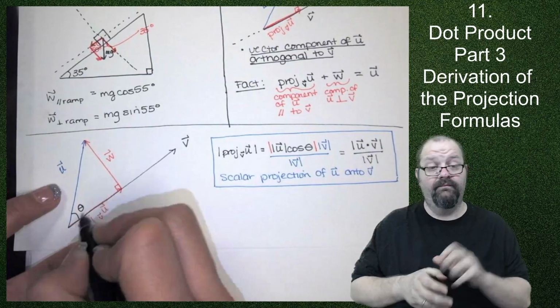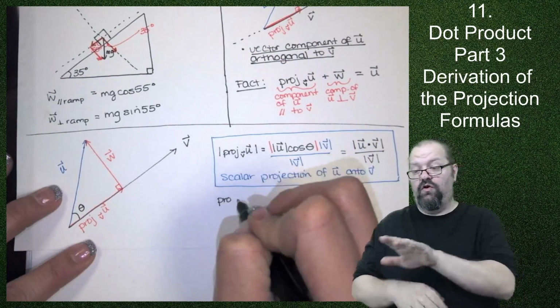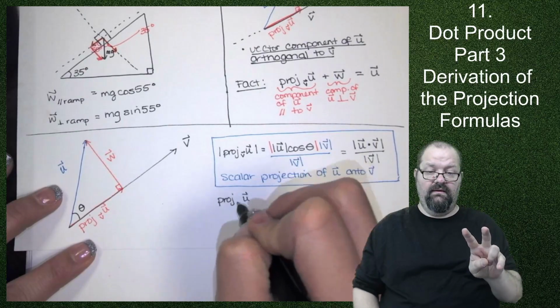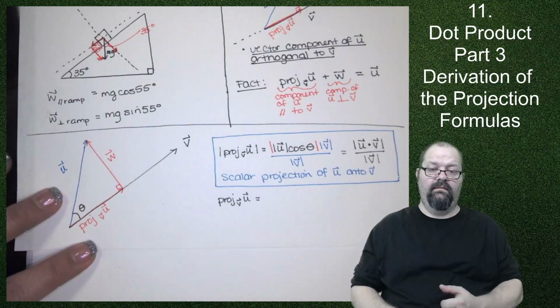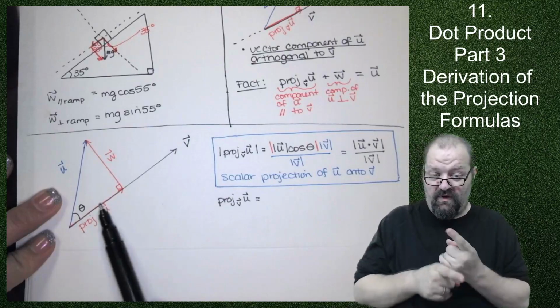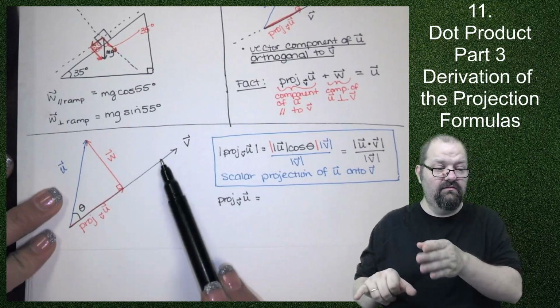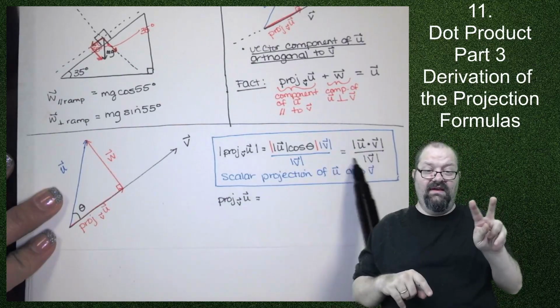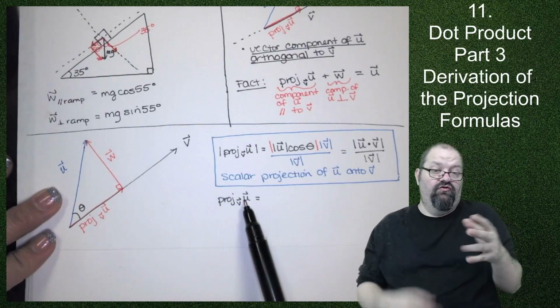Now, if I want the vector projection of u onto v, I'm talking about a vector now. Well, I know that this vector has the same direction as this vector v, and I know the length is supposed to be this. And then there are only two options for the projection.